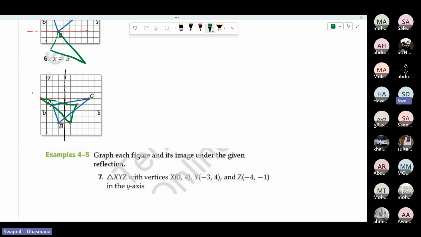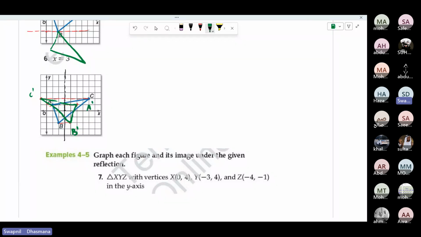So this will be C dash, this will be B dash, and this will be A dash. This point will be C dash, this point will be A dash.